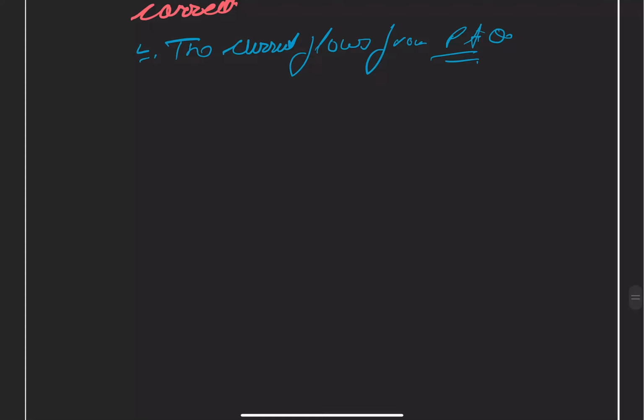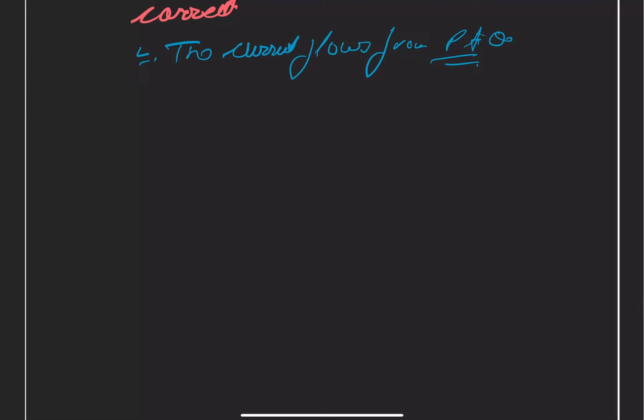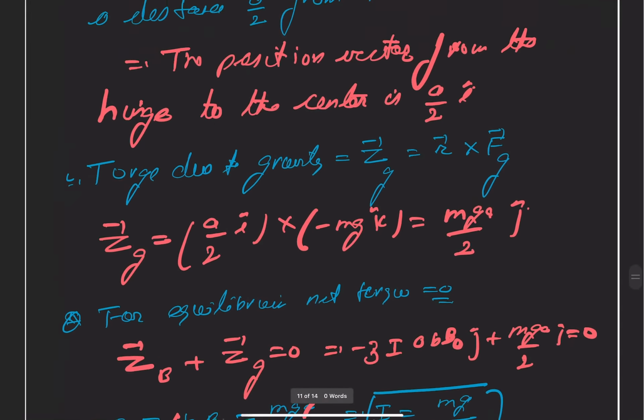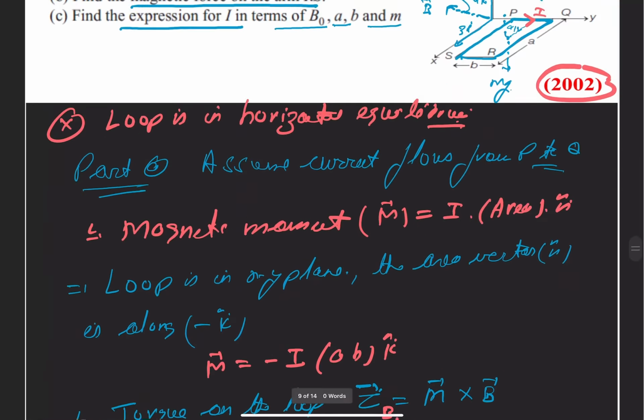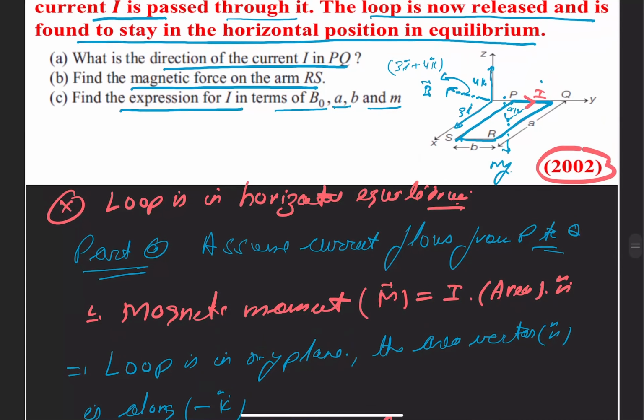Now we are going to find out the magnetic force on the arm RS. That is part B. Let me redraw the figure. We have to find out the force on the arm RS.